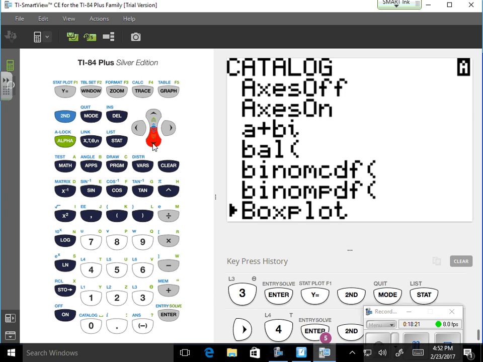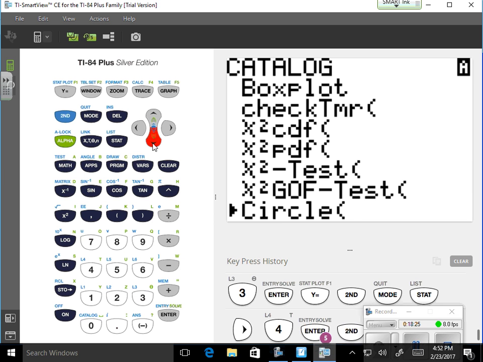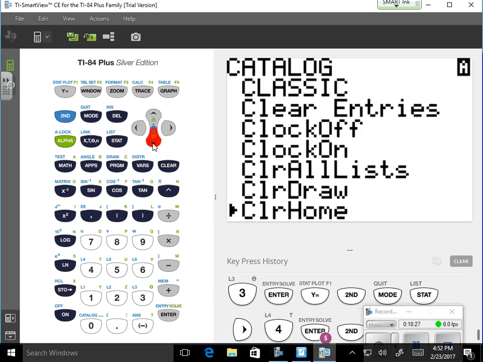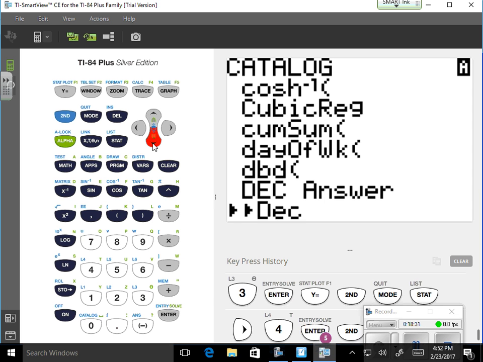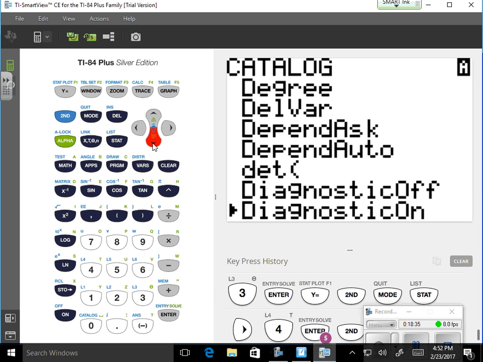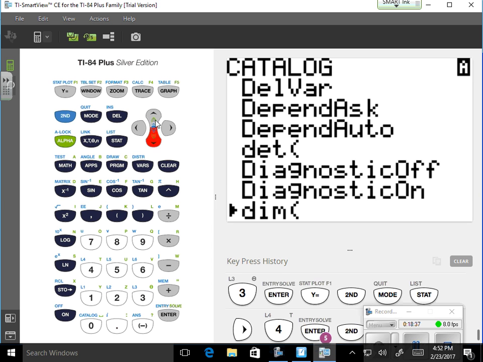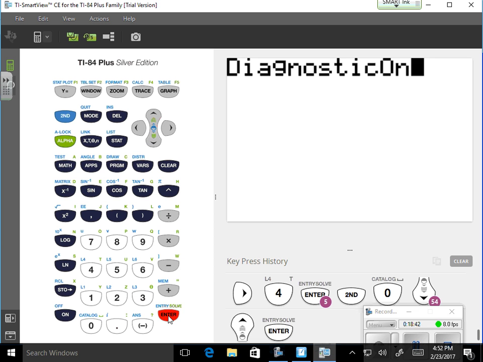Should have done this before we did it the first time around. We wouldn't have to go back and do it twice. Turn diagnostics on, press enter, make sure it's done.